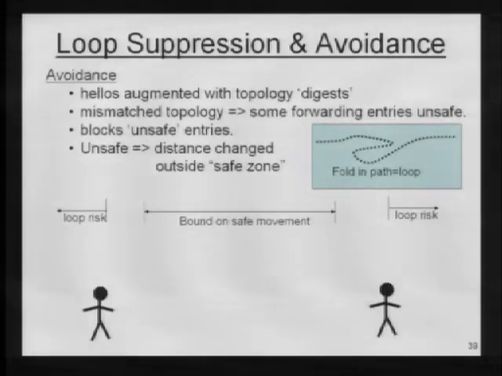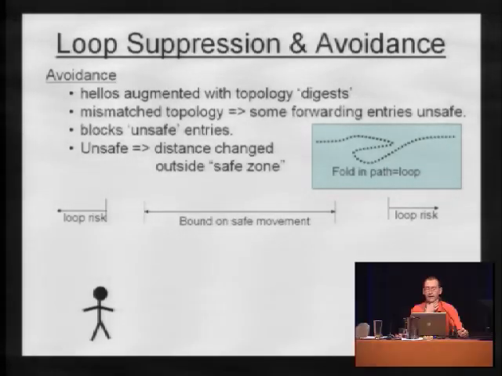In terms of loop avoidance, a little bit more sophisticated mechanism, it's a control plane mechanism. What happens with the control plane mechanism is that the hello protocol is augmented with digests of the topology.